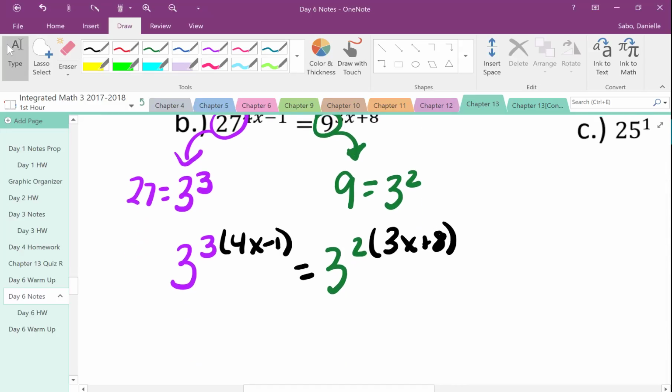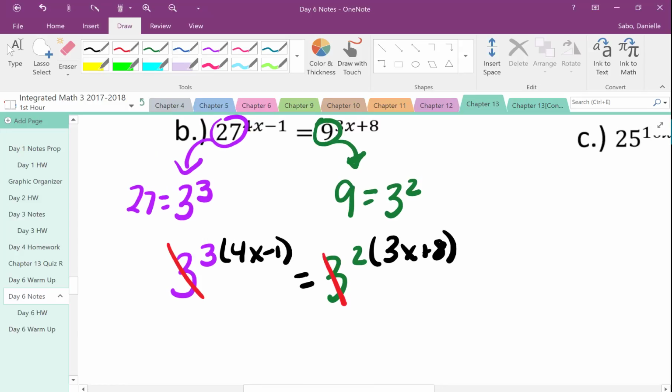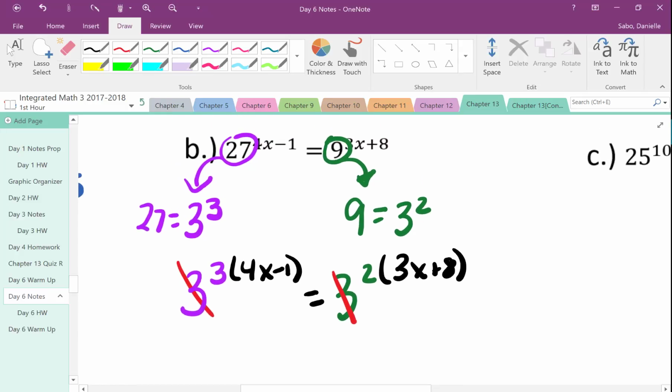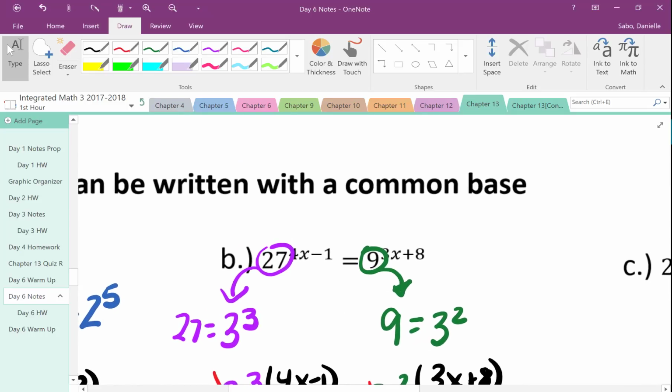Lots of fractions today. This one should be a fraction as well. Hopefully you've gotten to this point.